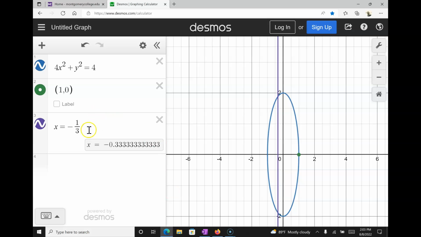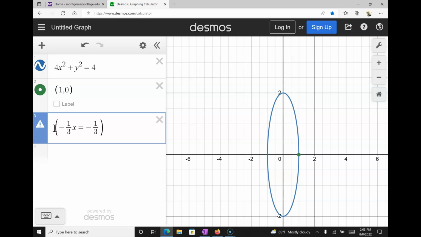Yep, so let me put that point on. Negative 1/3, comma, 4 square roots of 2 all over 3. There it is.